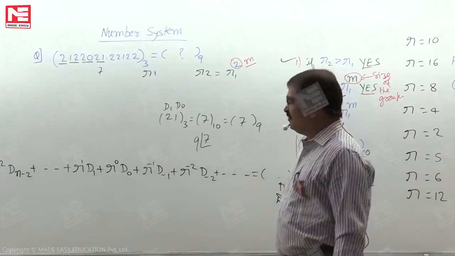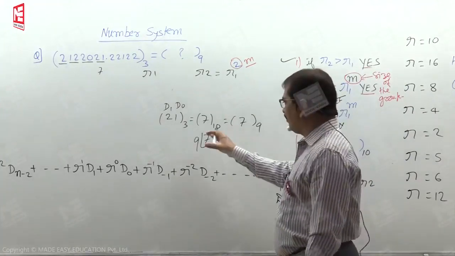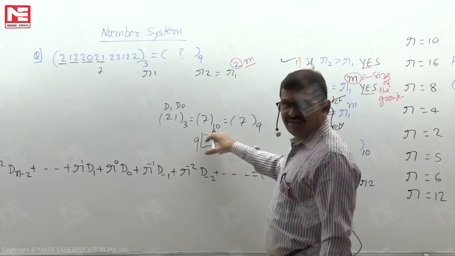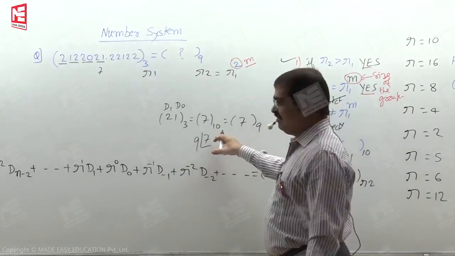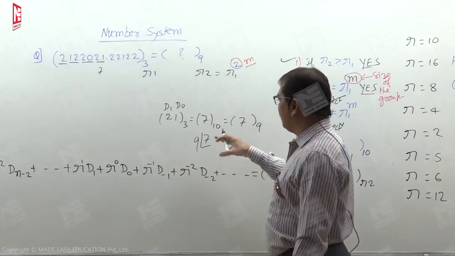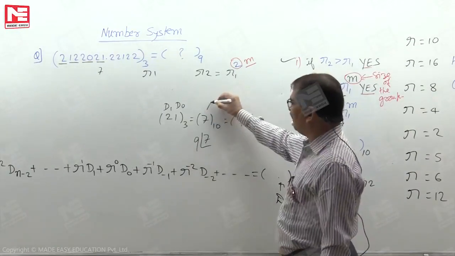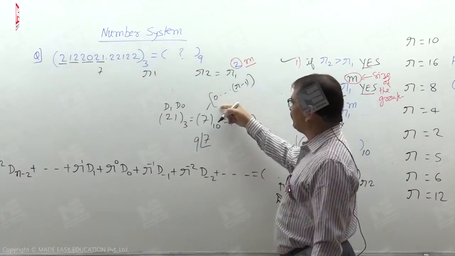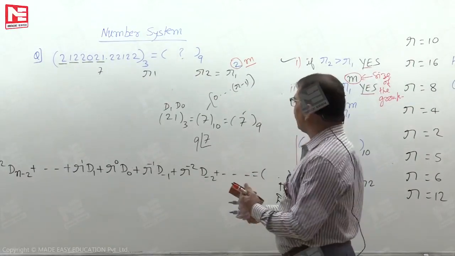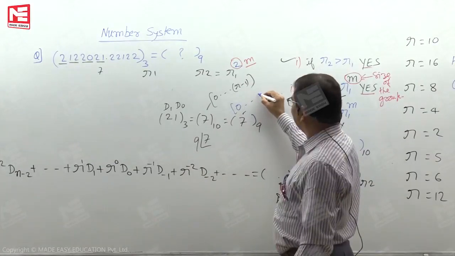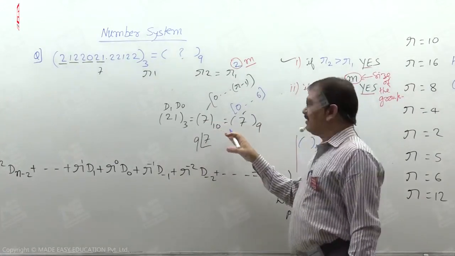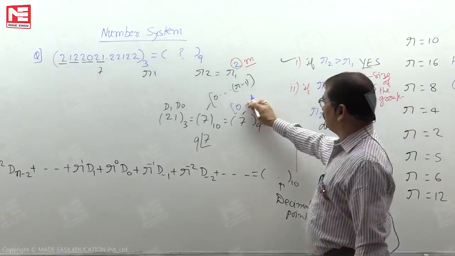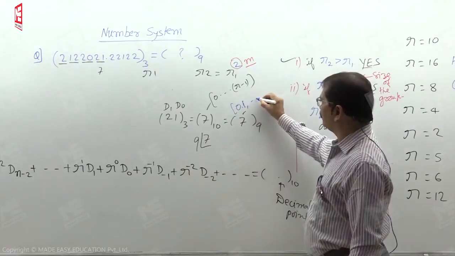So if you look, whenever we have a radix, here in this case 9, which is less than 10, if the result is any digit from 0 to r minus 1, here 0 to r minus 1 is 0 to 8. r is 9 now, 0, 1 and so on up to 8.